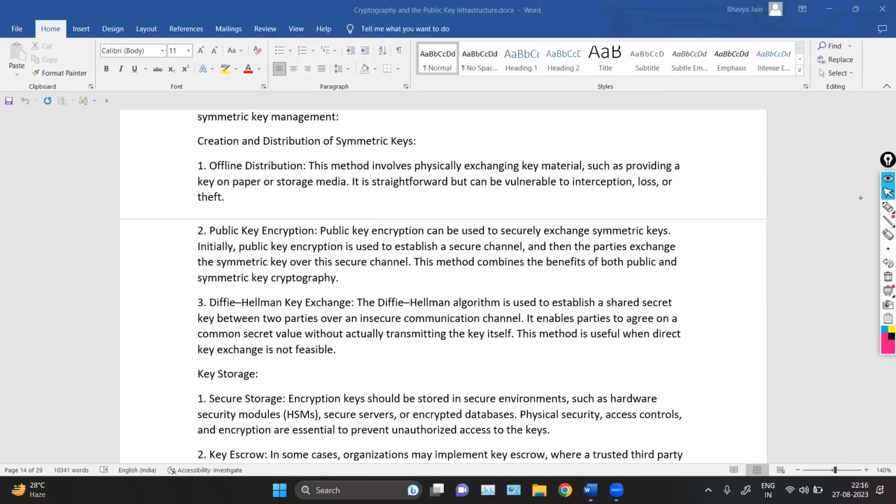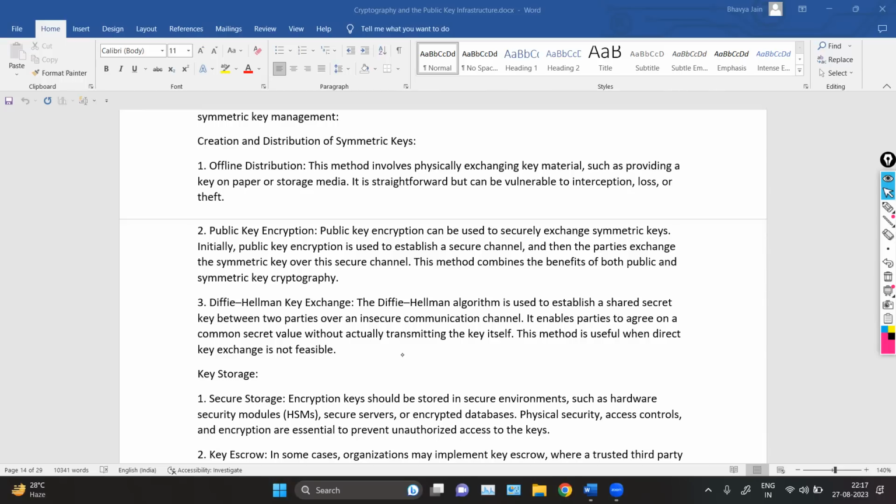Okay. So first we have offline distribution. This method involves physically exchanging key material, such as providing a key on paper or storage media, which means you are physically transferring the key. So let's say there's a user A in one city and a user B in a different city.